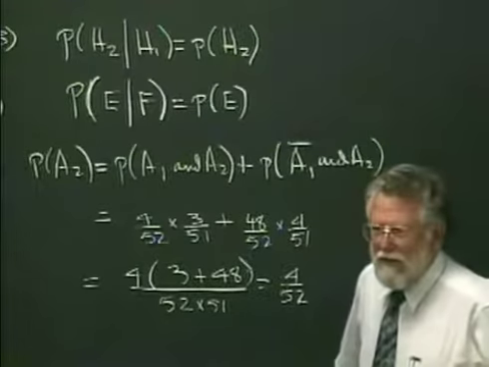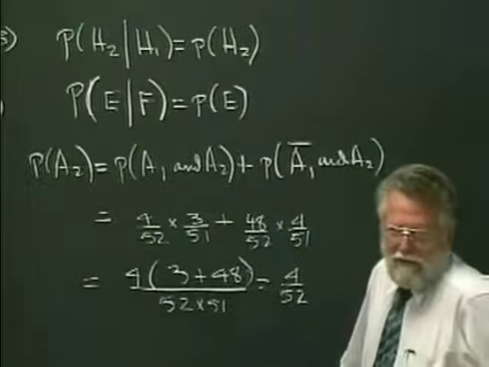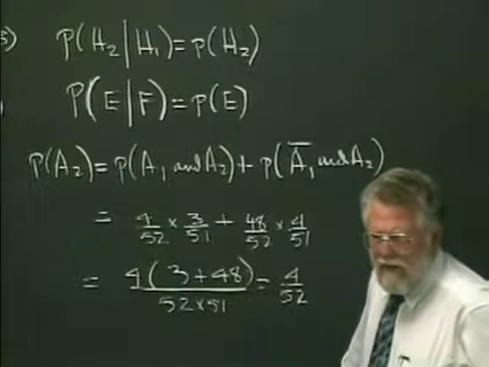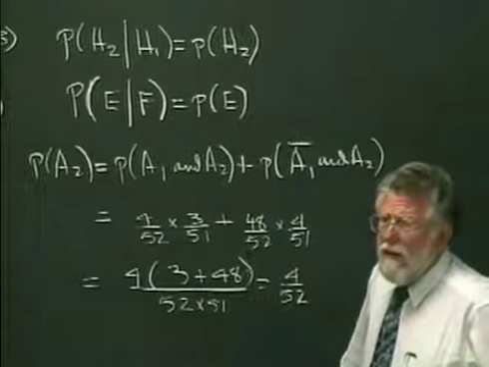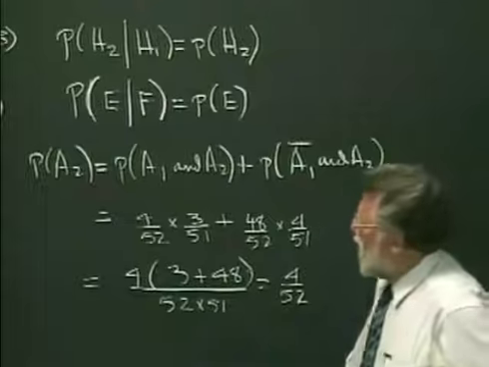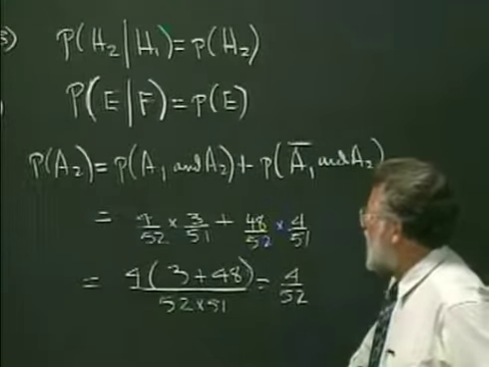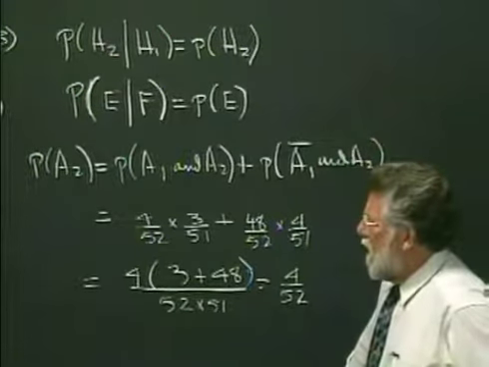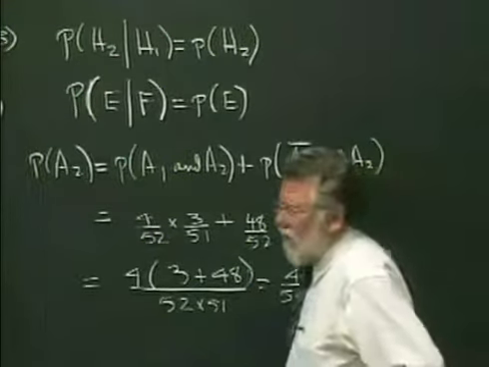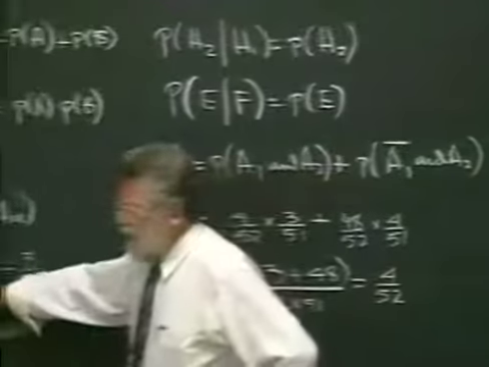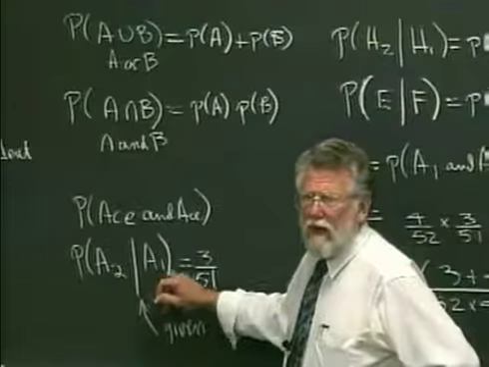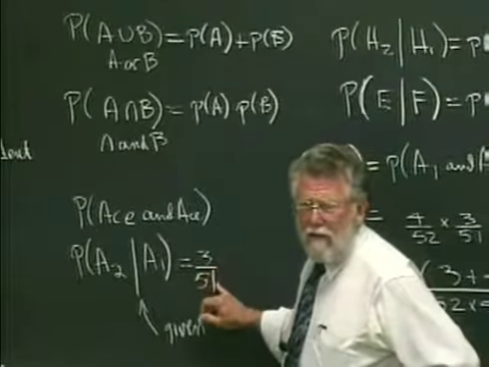It's the same as the probability of an ace in the first draw, which is interesting, just counterintuitive. But that's not the point. The point I want to make here is what was the probability of an ace in the second draw given an ace in the first draw? The probability of an ace in the second draw given an ace in the first draw was 3 out of 51.